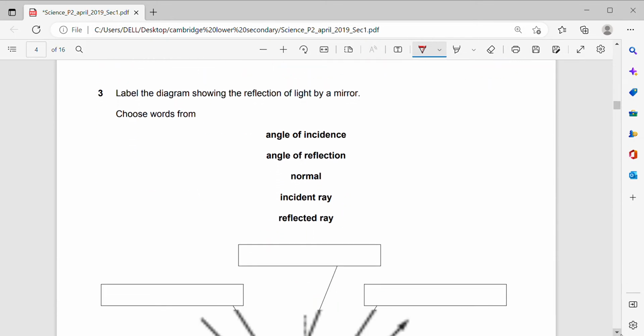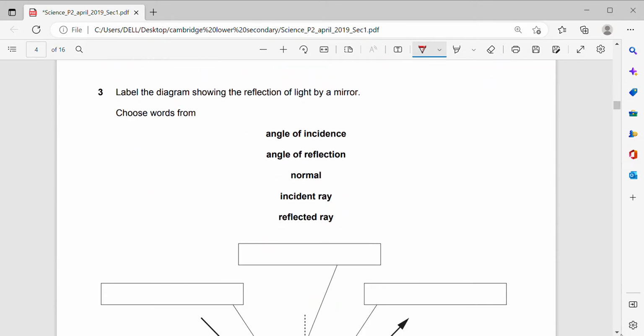طب next question. Label the diagram showing the reflection of a light by a mirror.